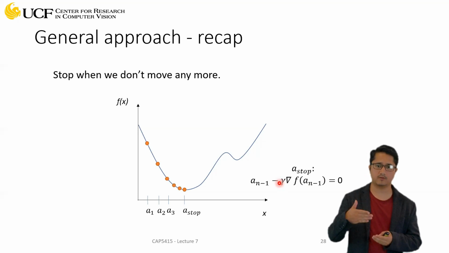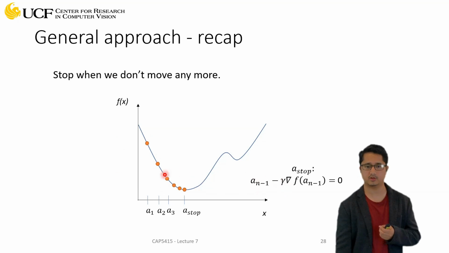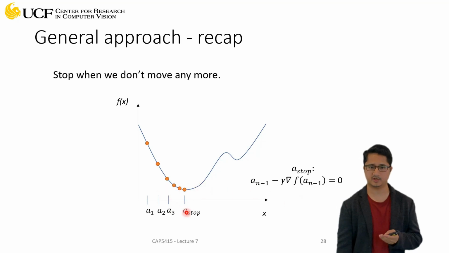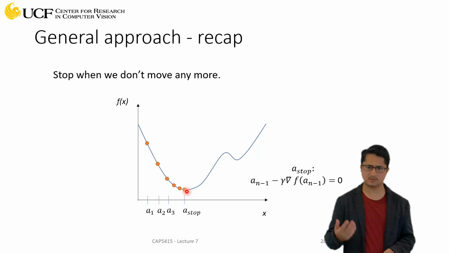It controls how fast you want to move in either direction, left or right. It controls the step size as you move from A1 to A2, A3, and A stop. Eventually, if your value is not changing, because the gradient will be almost 0, that's the stopping criterion. You say you have reached the local minimum, and that's when your training ends. That's the high level idea.